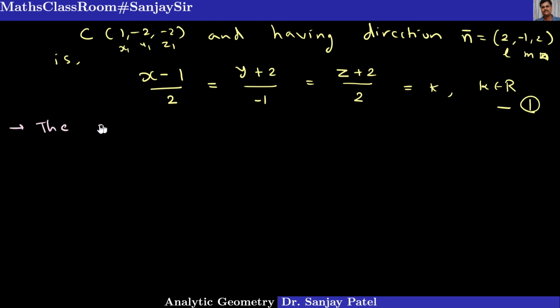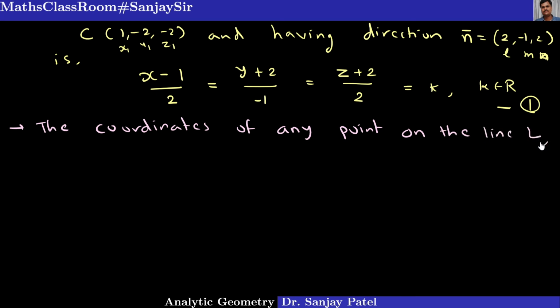The coordinates of any point on the line L or the line CM, both are the same, is given by: (x minus 1) upon 2 is equal to k, which gives x is equal to 2k plus 1.